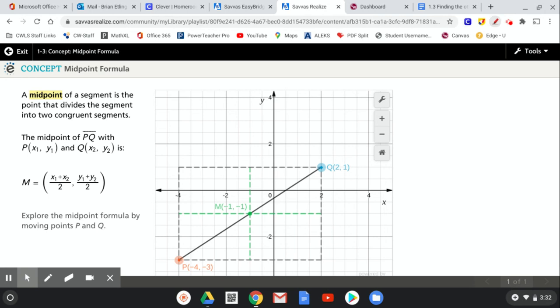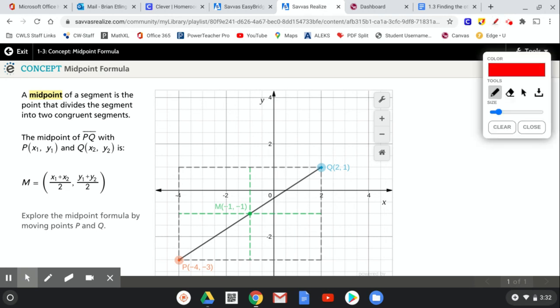The midpoint formula is written for you where it says m equals. Okay, so right where it says m equals is the midpoint formula, so it's right here. All right, that is it. And if you notice, all we're doing is we're adding up our two x values and dividing by 2, adding up our two y values and dividing by 2, and we get our solution, okay?